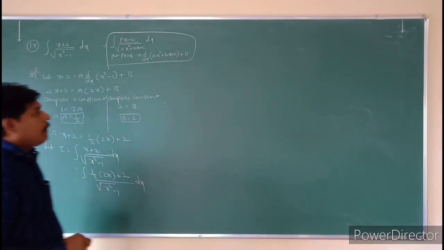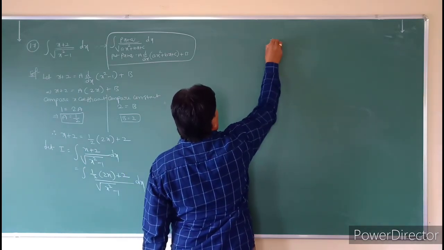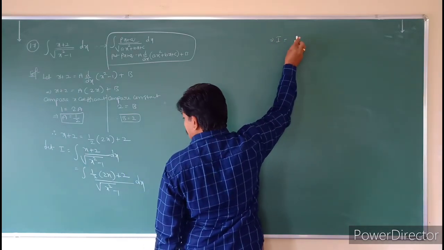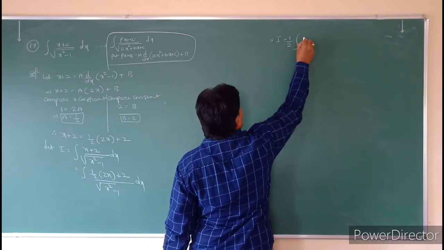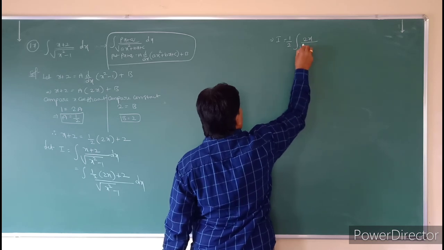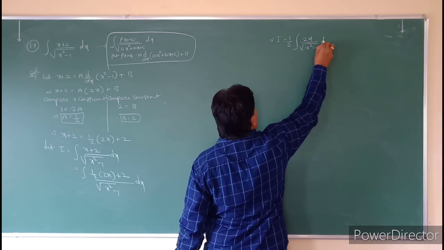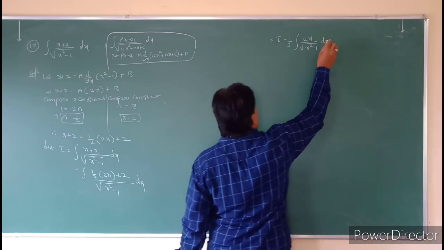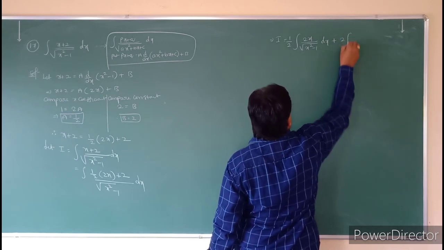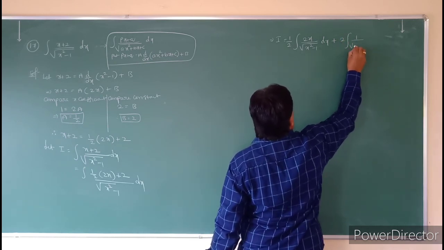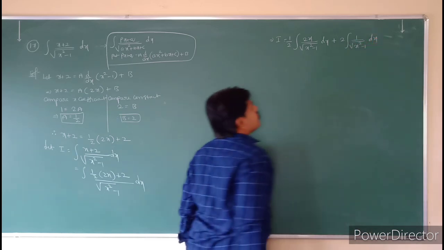What will we get? I is equal to 1 by 2 into the integral of 2x by root of x square minus 1 into dx, plus 2 into the integral of 1 by root of x square minus 1 into dx.